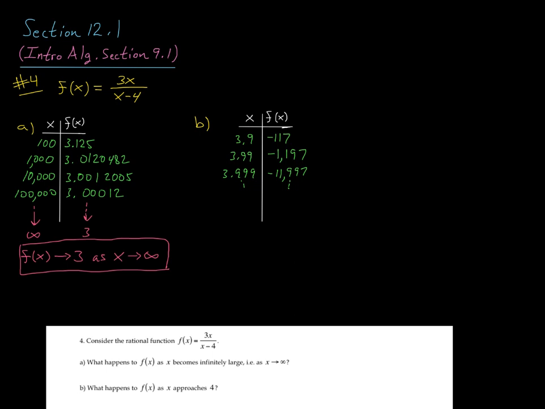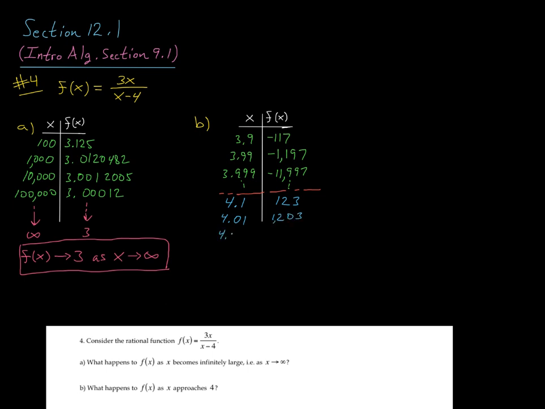So let's keep that in mind. I next want to look at some values that are close to 4 but just slightly larger, like 4.1. If I plug that in, I actually get a positive number, 123. If you plug in 4.01, you wind up getting 1,203.